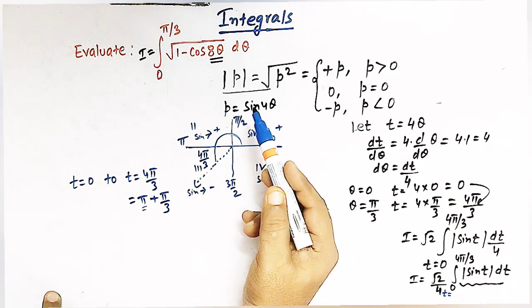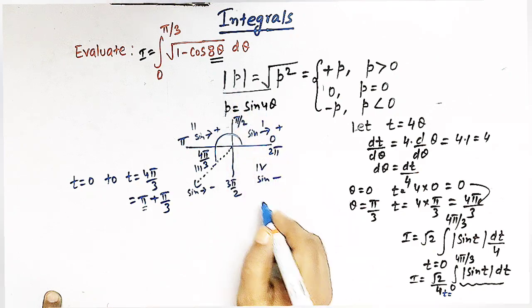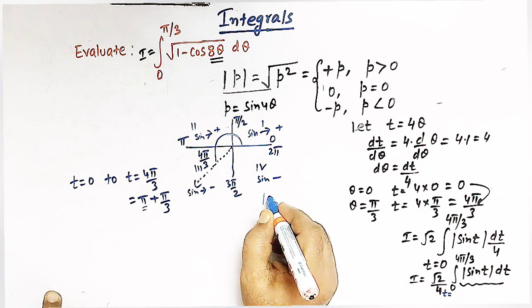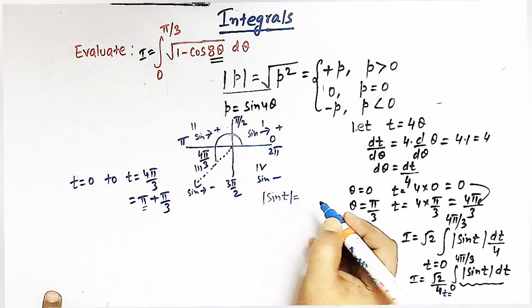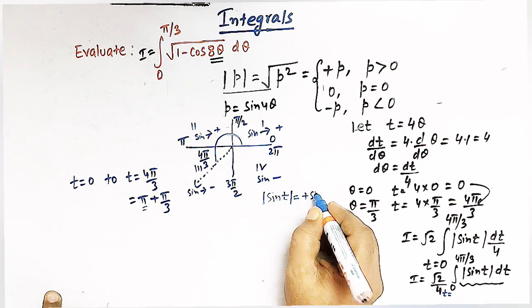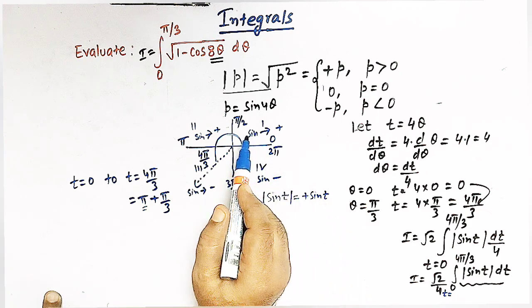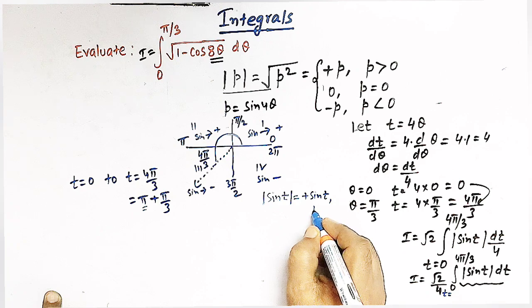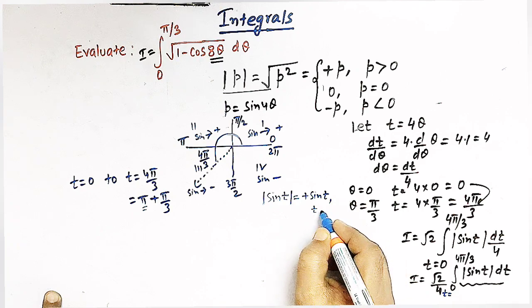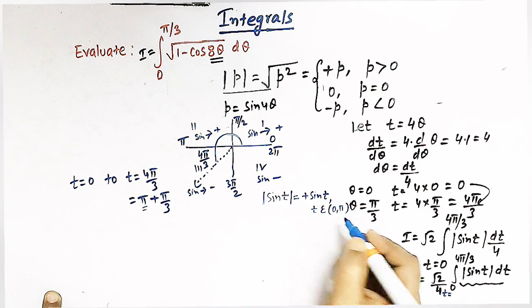So now, with the help of the definition of the mod function, we can write mod of sine t is equal to positive sine t when t belongs to the first or second quadrant, and we can write this fact as when t belongs to the interval 0 to pi, right?